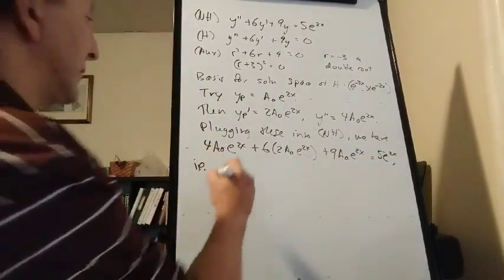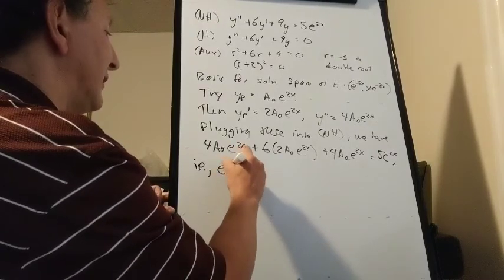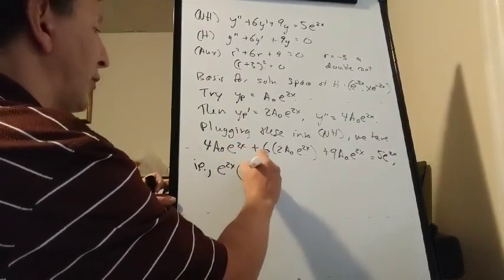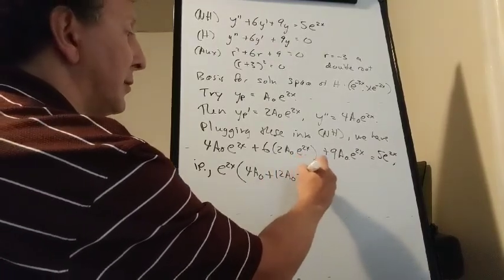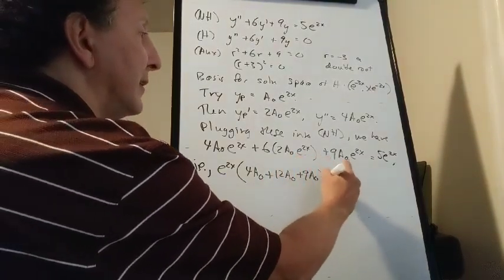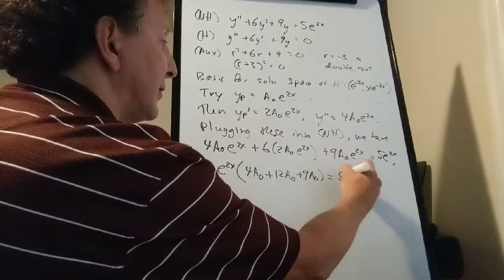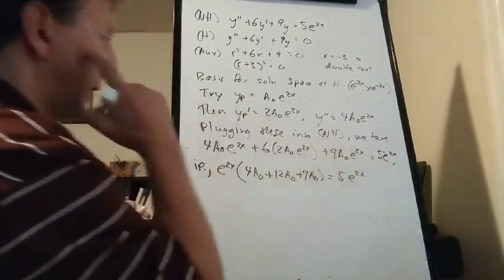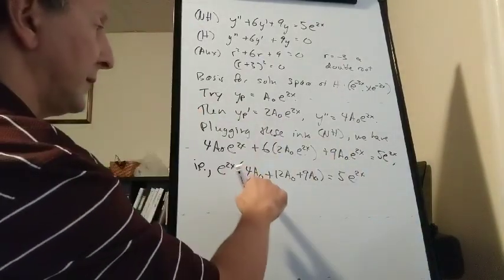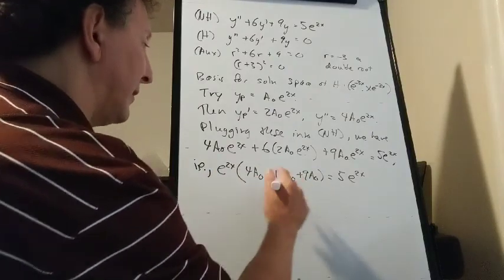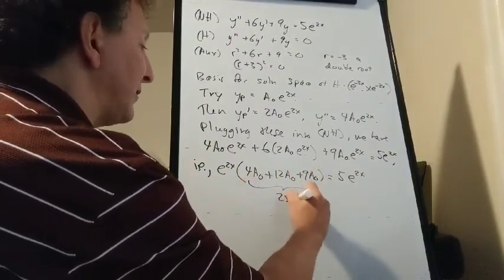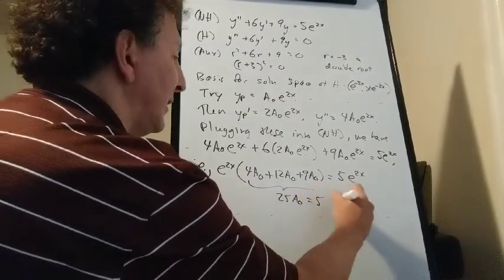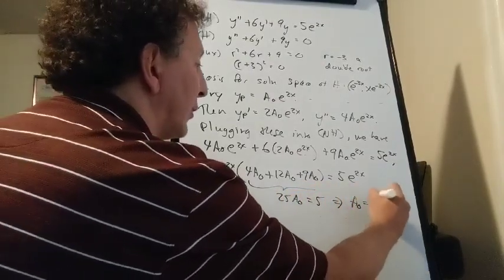Well, we can factor out e to the 2x on both sides. That leaves us with 4a0 plus 12a0 plus 9a0 equals 5. So this is 16 plus 9, 25a0 equals 5. So that means that a0 is 1/5.